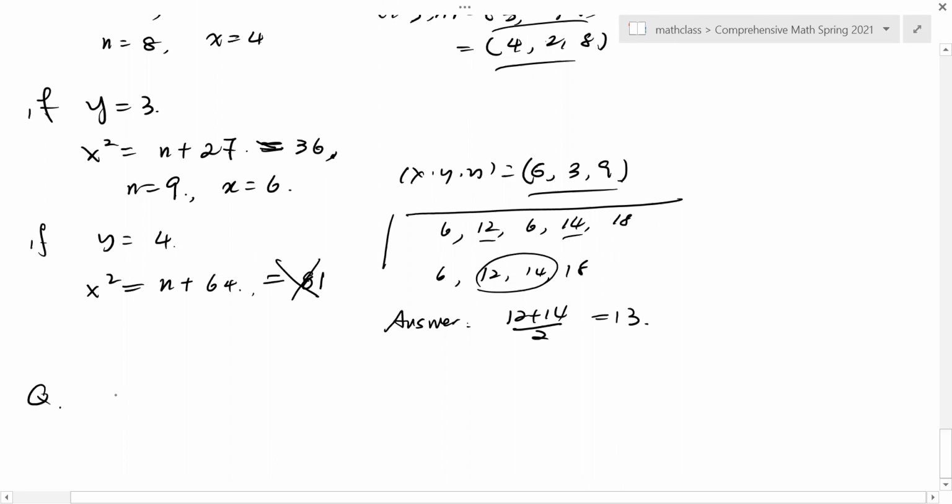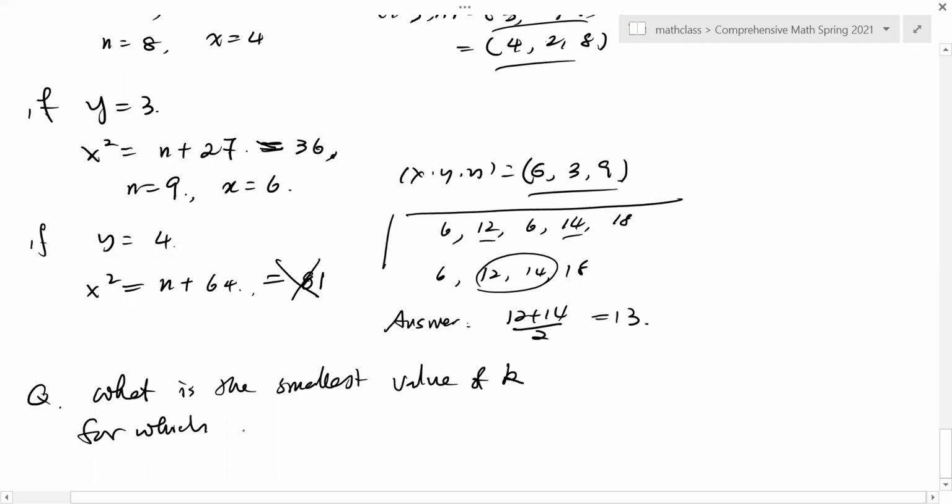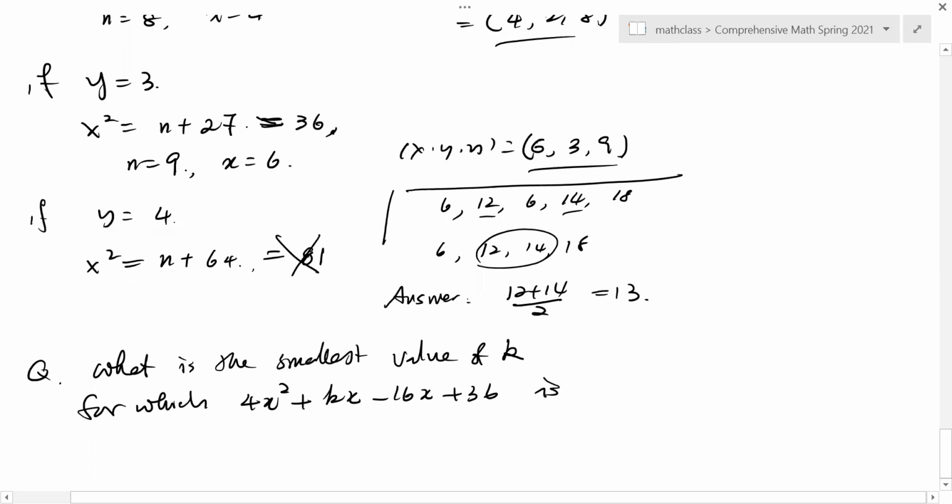Okay. Our next problem is: what is the smallest value of k for which 4x squared plus kx minus 16x plus 36 is a perfect square.